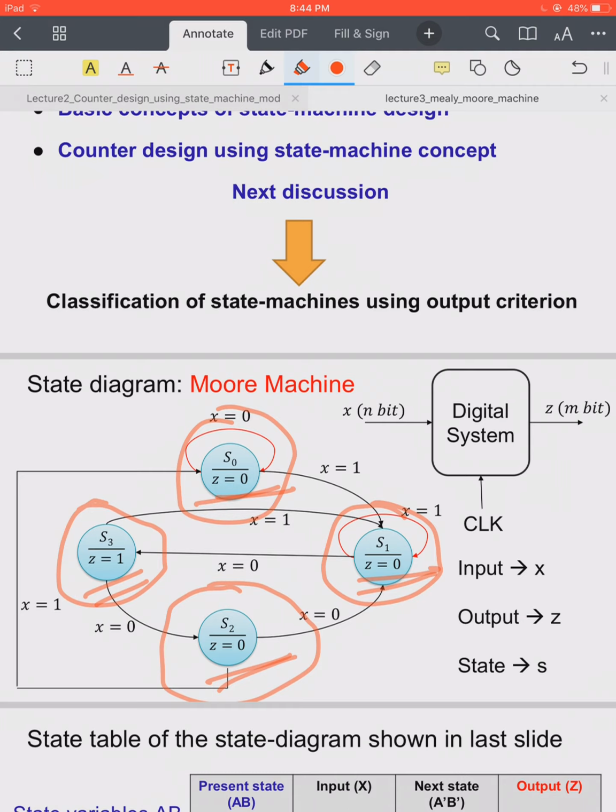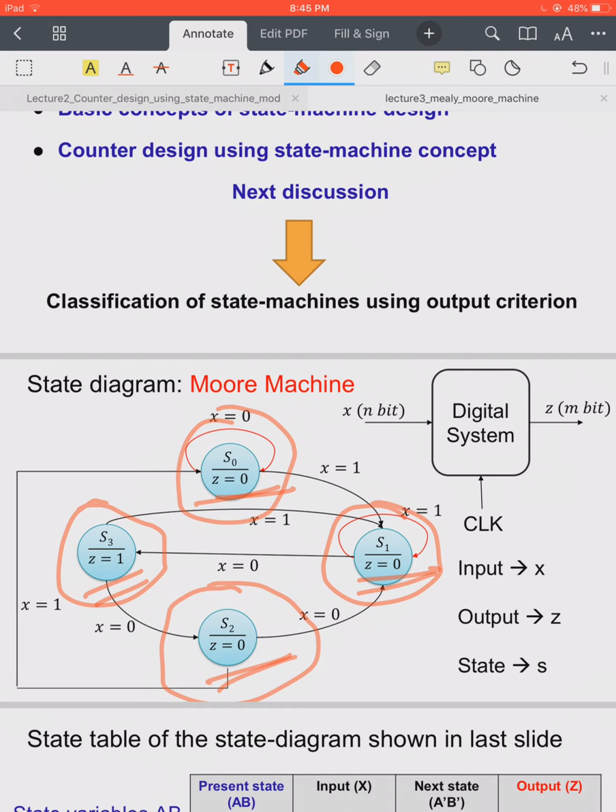So this type of state machine is called a Moore machine. It is completely defined by the output criteria, how we are defining the output at any state or any time. It only depends on the present state. So the output is basically a Boolean function of the present state, it's not a function of the external input x.